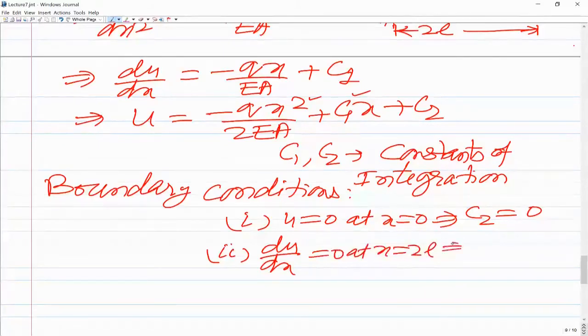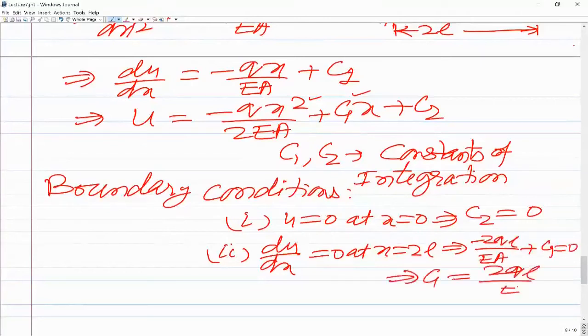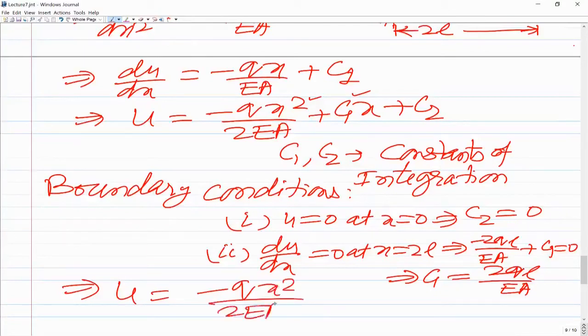Now from this, if you put it here, we will get minus 2Ql upon EA plus c1 equal to 0. So that will give you c1 is equal to 2Ql upon EA. Therefore finally the solution u would be minus Qx square upon 2EA plus 2Ql upon EA into x. So this is the solution.